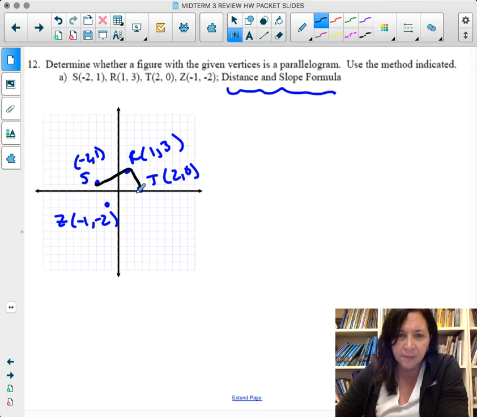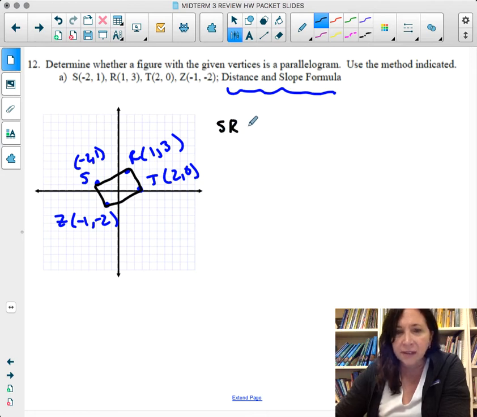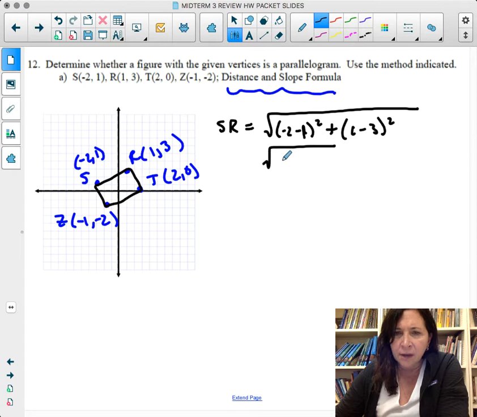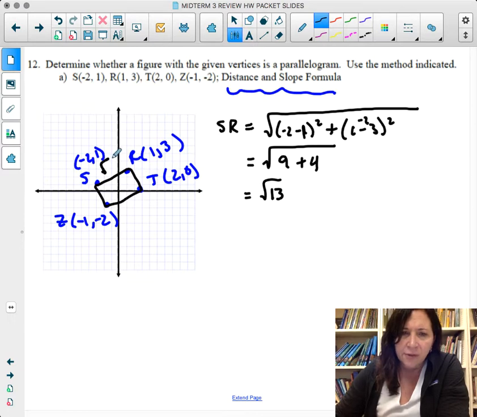So let's try SR. The length of SR is equal to, using the distance formula, subtract your x's: -2 minus 1, quantity squared, plus subtract my y's, 1 minus 3, quantity squared. -3 squared is 9, plus 1 minus 3, which is -2, squared is 4. 9 plus 4 is 13. So SR is the square root of 13.